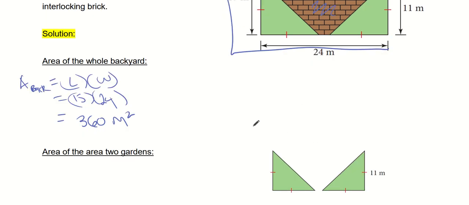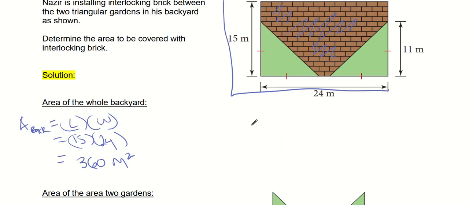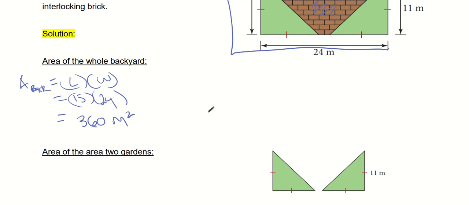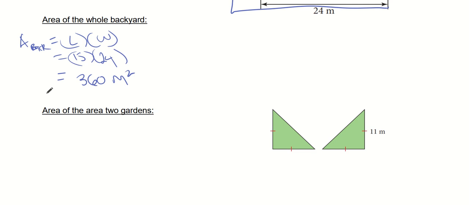Now let's find the area of the garden part, and we're going to subtract it from the whole backyard. First, let's find the area of the two garden parts. These two parts right here are the exact same, so we just have to find one and multiply it by two.